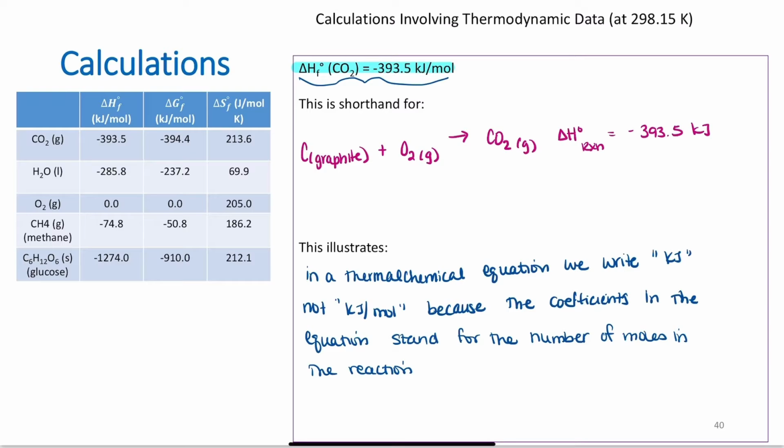By writing delta H sub F, I am defining this as a formation reaction, meaning that I know I'm only forming 1 mole of CO2 for this reaction. So then, by writing it delta H of reaction, I'm stating, again, this is forming 1 mole.